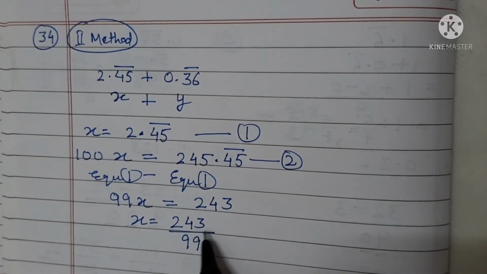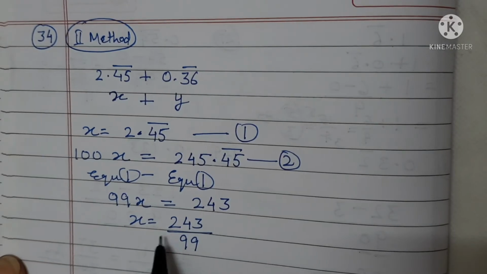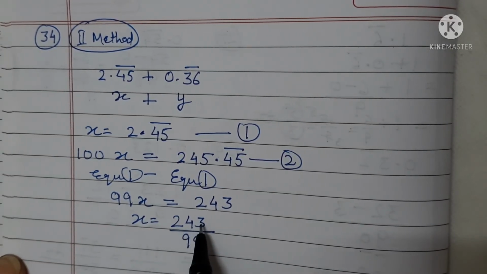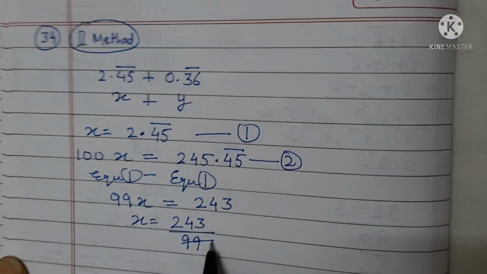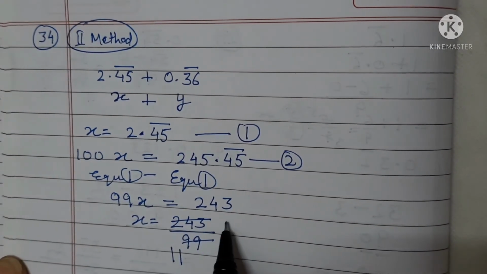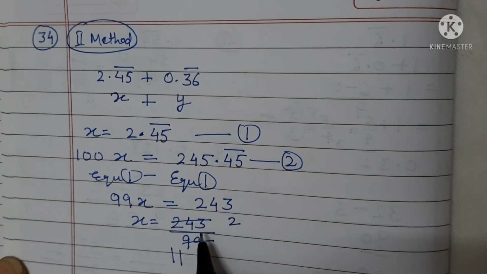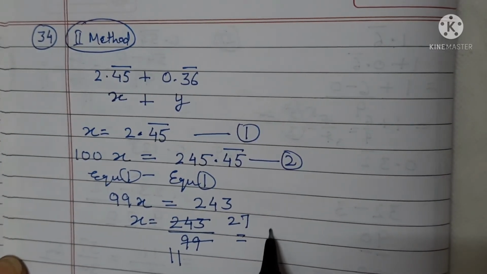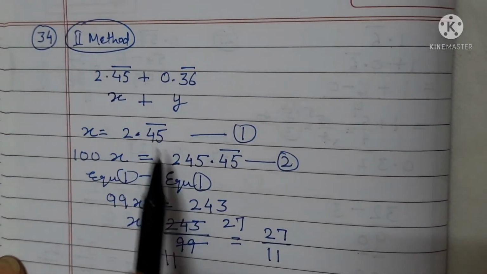Now simplify it. 9 1 the 9, 9 2 the 18, remainder will be 6, 9 7 the 63. This you will get 27 upon 11, x.